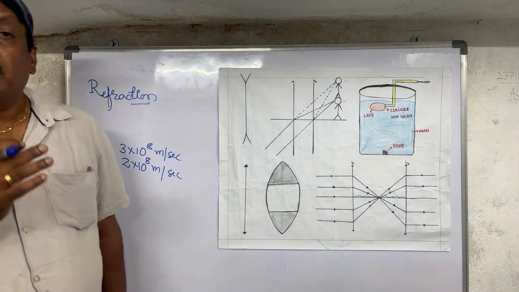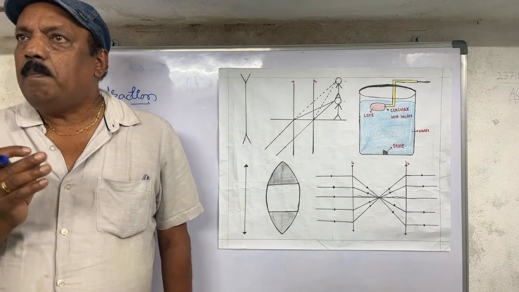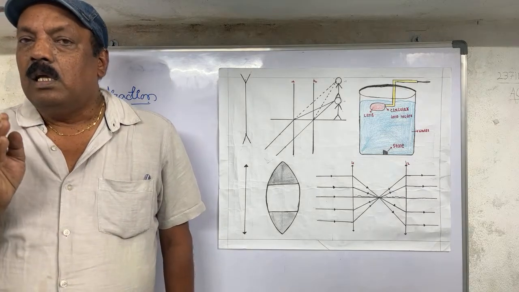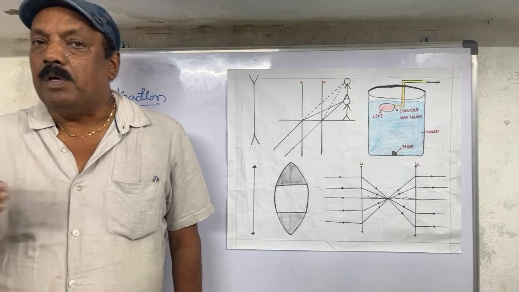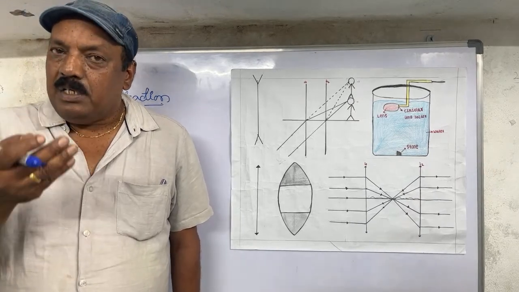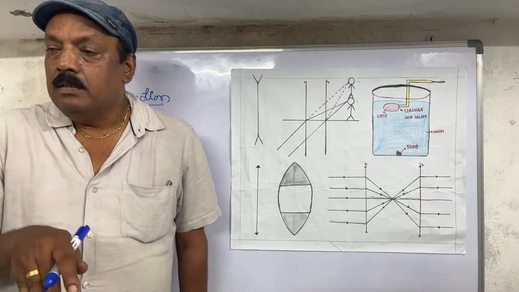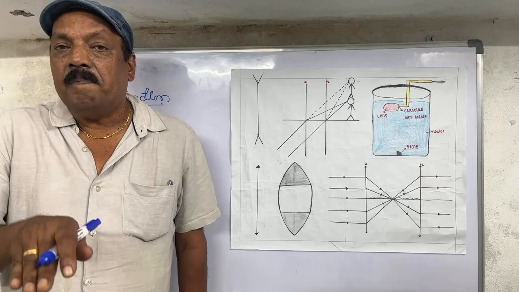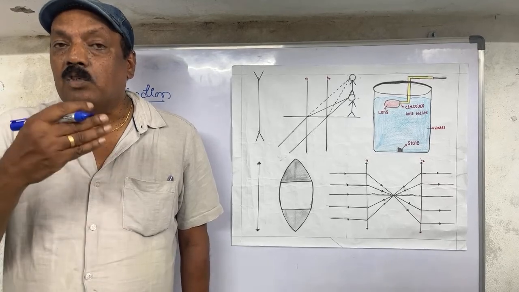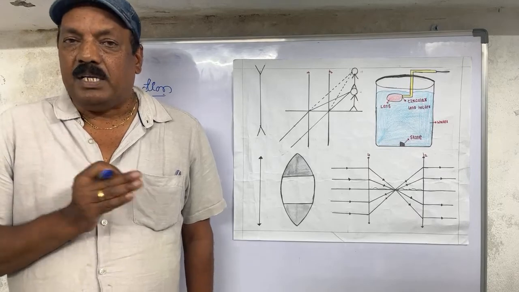Now, one thing happens. Whenever light comes from a rarer medium, that is air, and enters a denser medium, that is water, the light will bend. The bending of light, whenever it goes from a rarer medium to a denser medium, is called refraction.